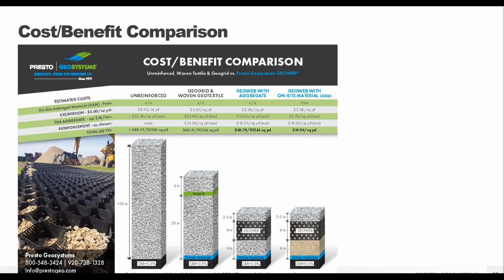So this is a basic cost-benefit comparison that we have for the GEOWEB system for load support applications. So not specifically what we talked about today, but you get the general idea for it.